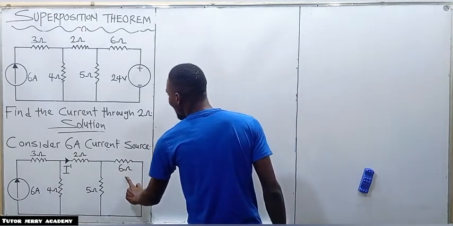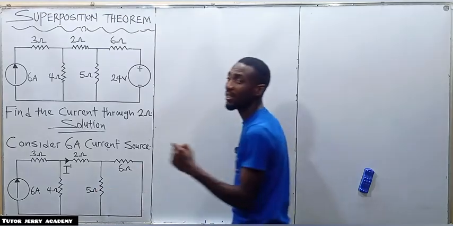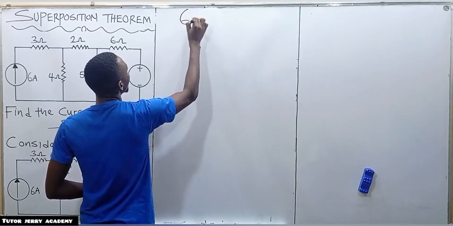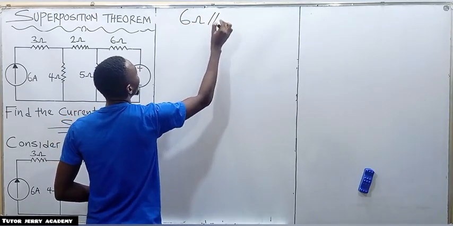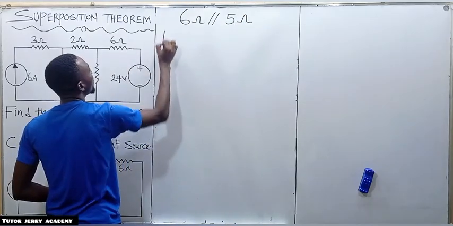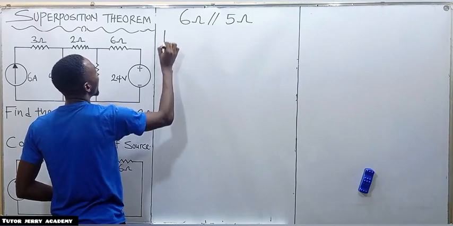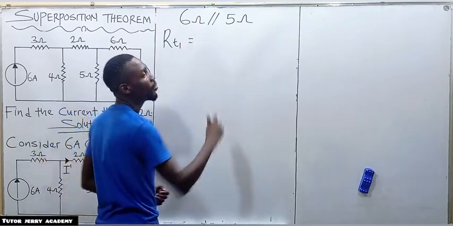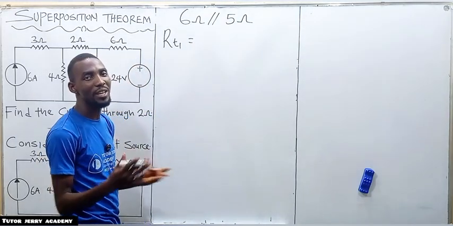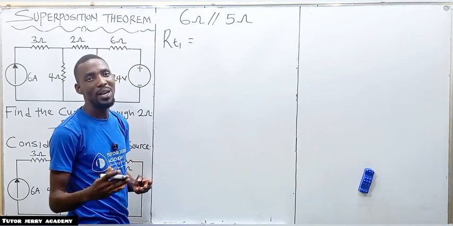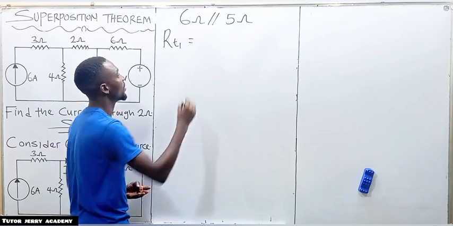We observe that 6 ohms and 5 ohms are in parallel, right? 6 ohms is parallel to 5 ohms. Let's call the total combination RT1. When we have 2 resistors in parallel, the formula is R1 multiplied by R2 all over R1 plus R2.